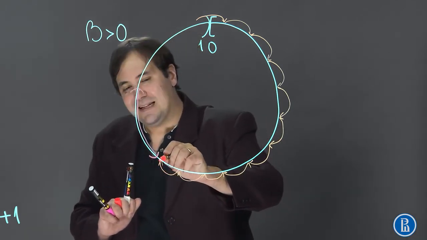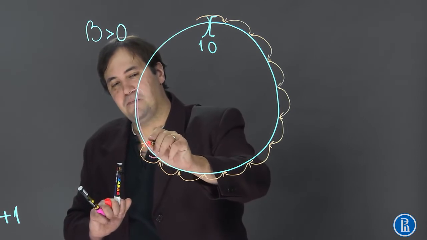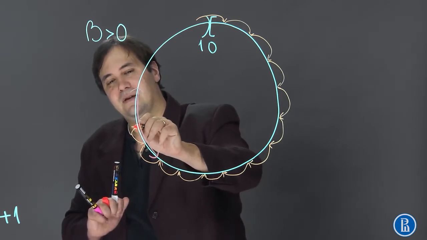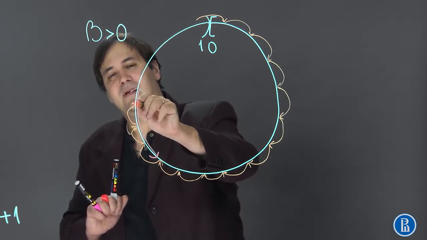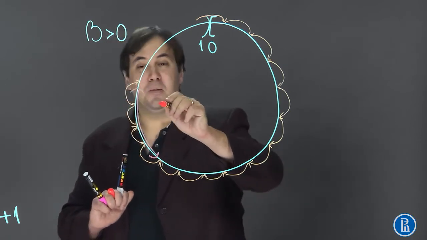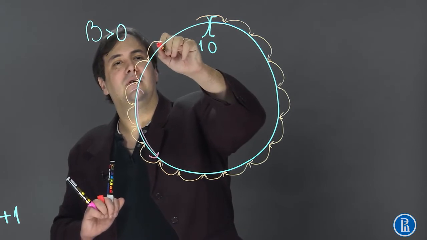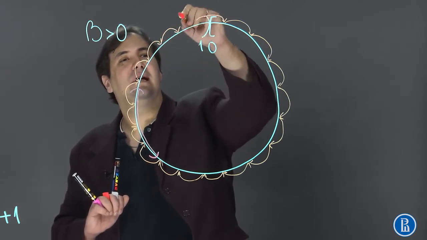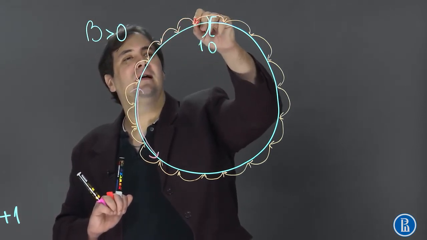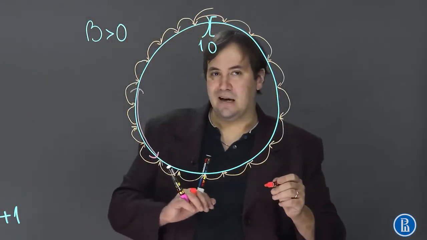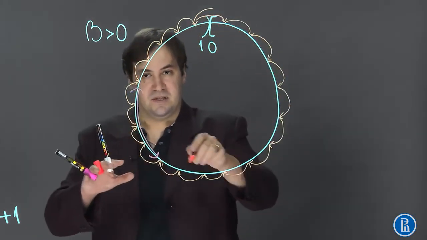At some moment it jumps into the interval, and at some moment it jumps out of the interval. And eventually it jumps out of the circle, out of the turn of the circle.